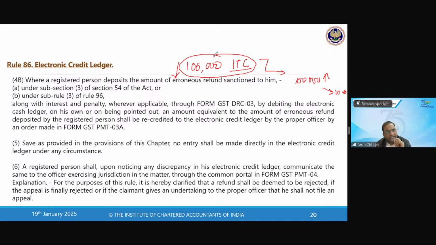Don't you think that I would require 10,000 back in my ITC ledger? For that, they are saying yes, it is recredited in the credit ledger in GST PMT-03A.